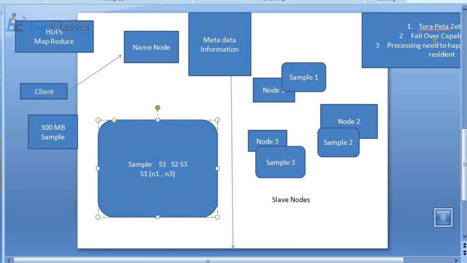If a node fails at some point of time, how does the name node know that that particular node has failed, so that it can start initiating the process to some other node? How this is going to happen is something we need to understand.